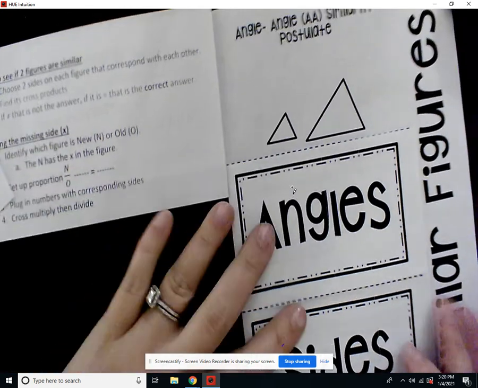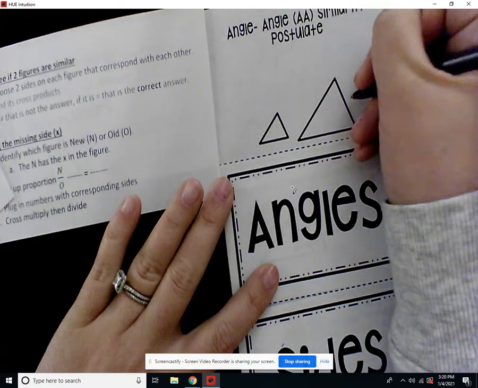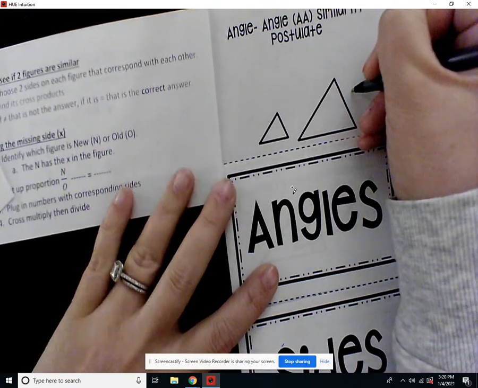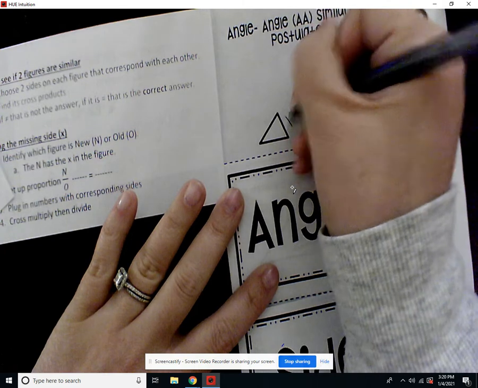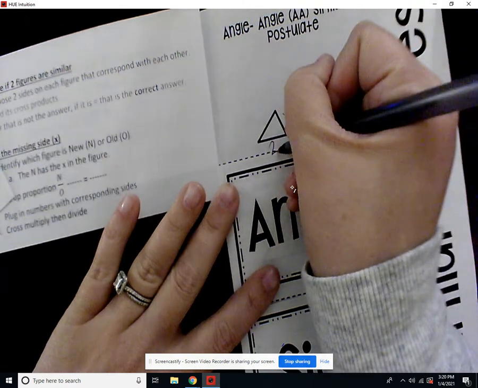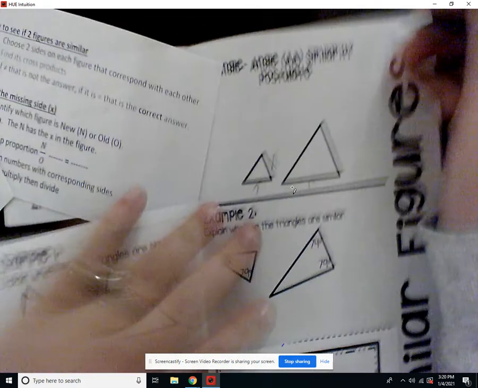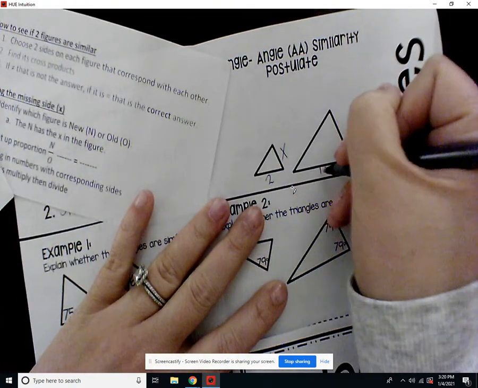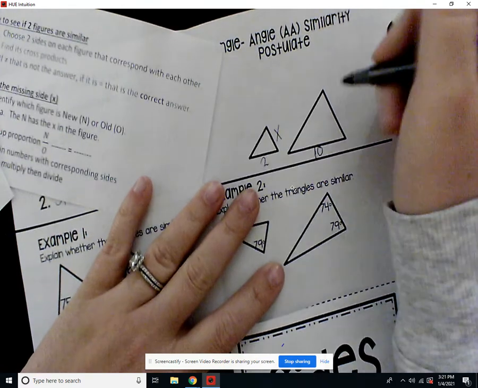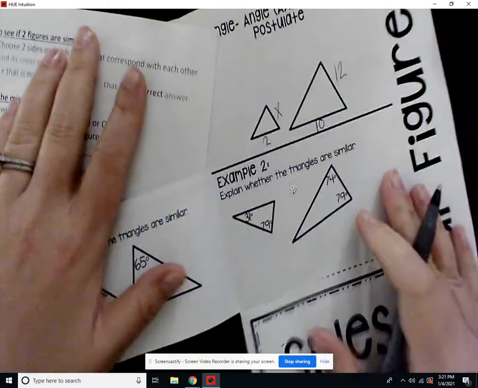So let's look at an example. So this first one, we have x and 2. And then we have 10 and 12.